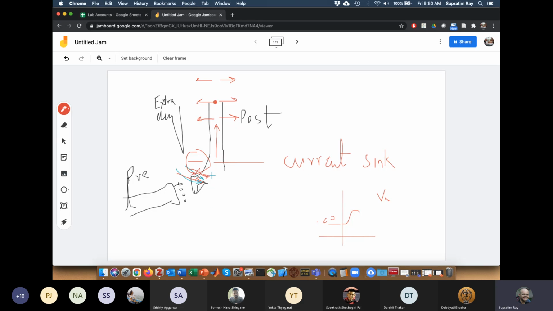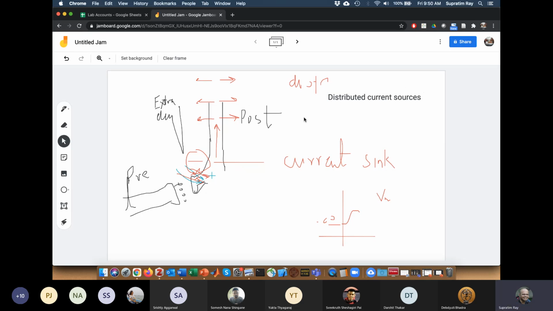Okay, and these actually constitute what are called distributed current sources.